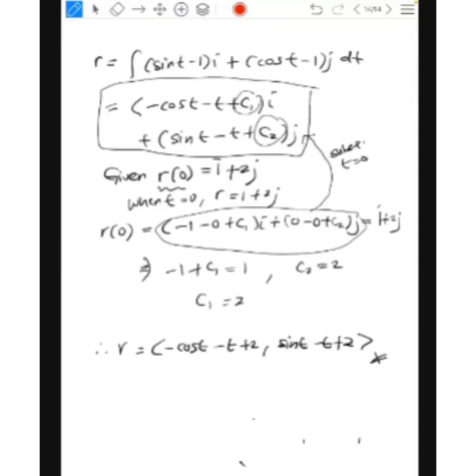So I think that's it for 2.2. That's the only question of 2.2. In 2.2, basically you have to know how to sketch the tangent vector. Before you sketch the tangent vector, you have to sketch the position vector, because the tangent vector depends on the last point of the position vector.